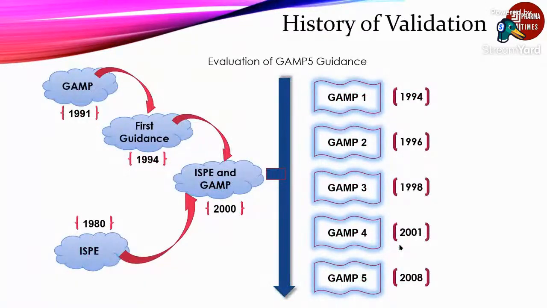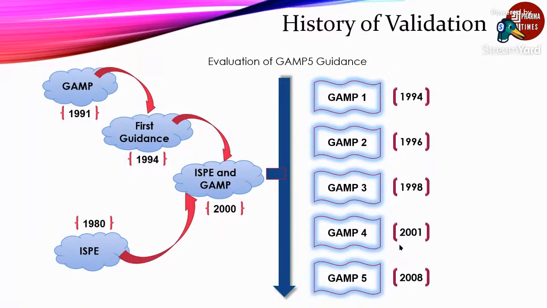So I think history is a boring subject for us. So I evaluated it and verified some simple scenario which is presented in this slide. ISPE was born in 1980, and GAMP was born in 1991.